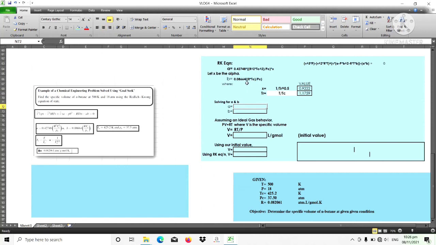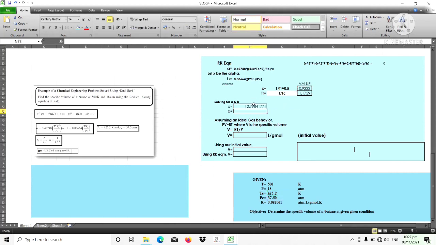Then solving for A and B, this is our formula for A. Substituting for R, which is 0.082061, our critical temperature, which is 425.2, our critical pressure, which is 37.5, and also the value of X, which is 0.9222, then click enter.